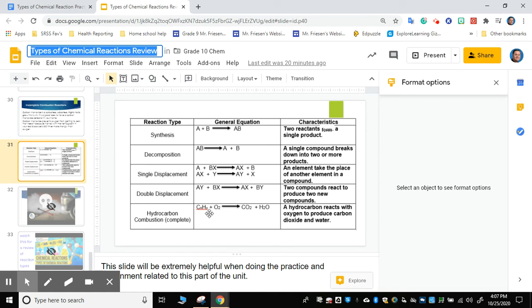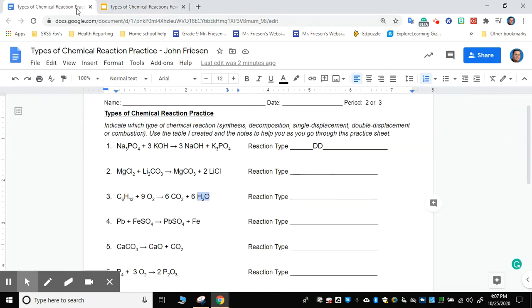Remember, C6H12 plus O2 yields CO2 and H2O. C6H12, that's the CH right here. And then we have our O2, our CO2, and our H2O.